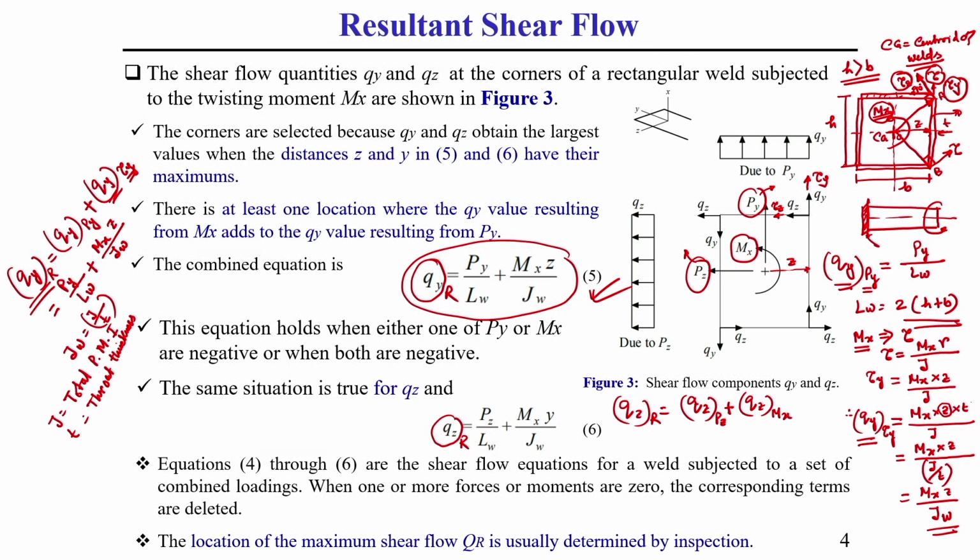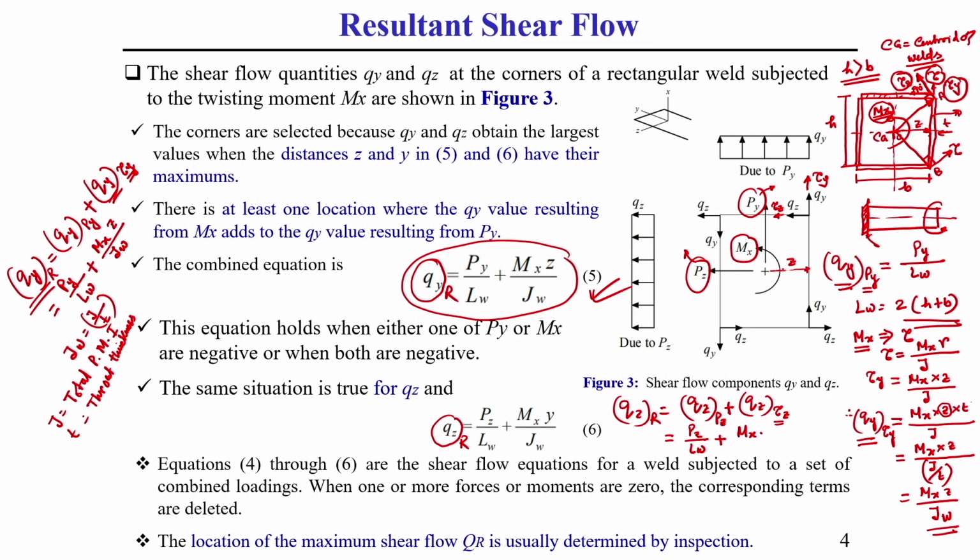So, torsional moment Mx, along the z direction what shear stress you are getting, that you can write as tau z here. Generally this component will be Pz by total weld length, plus this Qz will be Mx into the distance we should consider, tau z.